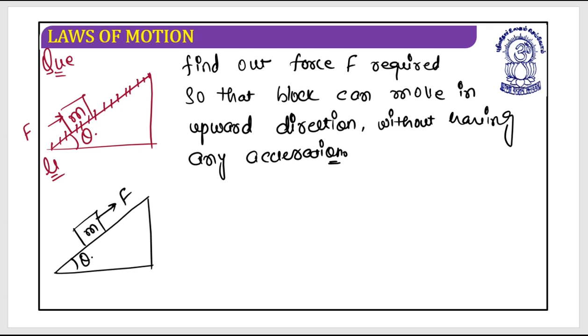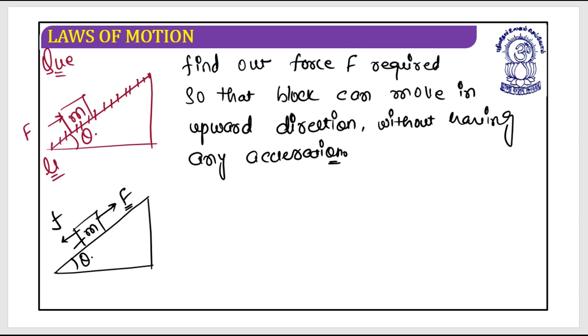It's an F. Which forces are acting in this direction? One of them is friction. Why is friction acting in the downward direction? Any idea? Because your motion is in the upward direction. So when your motion is in the upward direction, you must apply your friction in the downward direction.